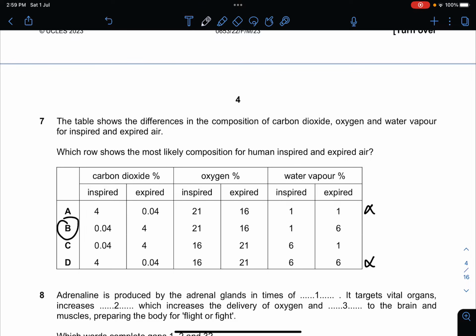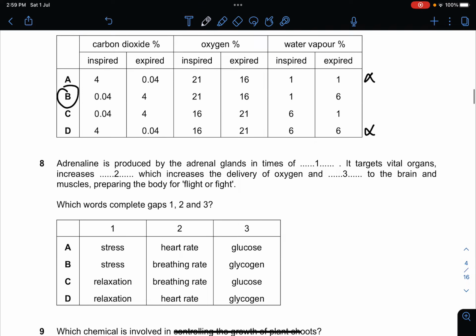Okay, question 8. Adrenaline is produced by the adrenal glands in times of, definitely has to be stress. Okay, so stress targets vital organs, increases the heart rate, not breathing rate, which increases the delivery of oxygen, and something to the brain.